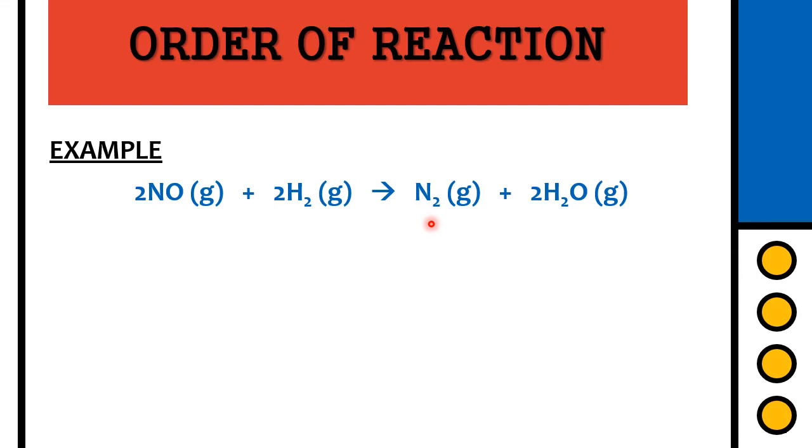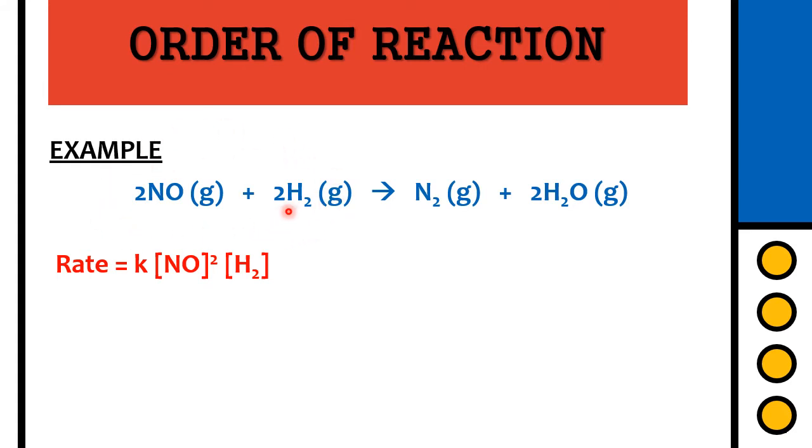Let's take a look at its rate law. This is the rate law given: rate equals K[NO]^2[H2]. As you can see, the powers in the rate law on the concentrations of the reactants are not the same as the coefficients in our chemical equation.